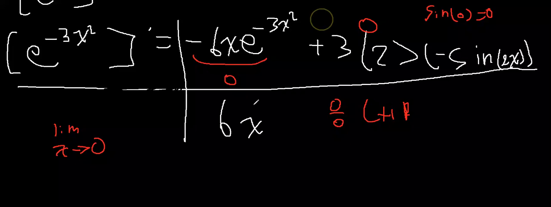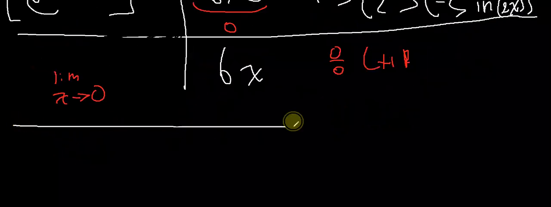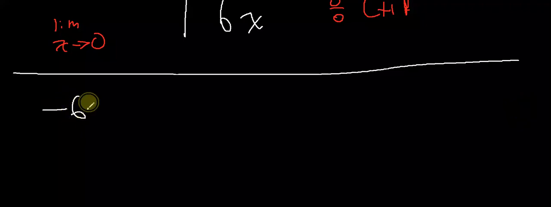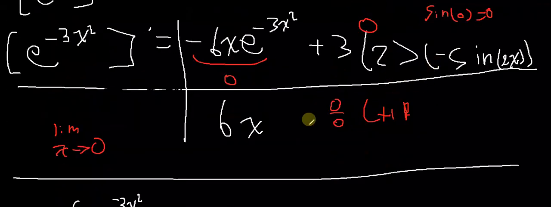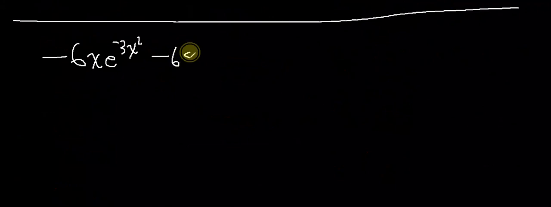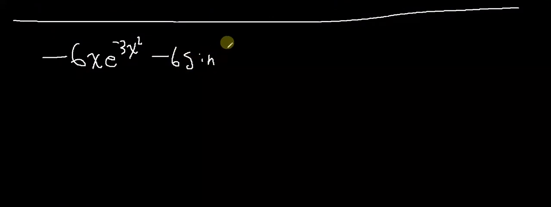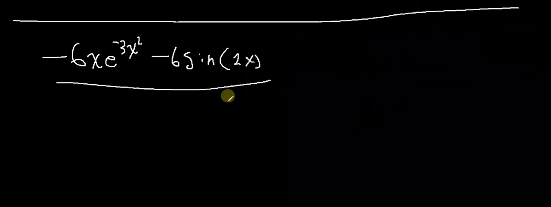So let's do that. Now we have to use the product rule, so let's quickly rewrite this: minus 6x e to the minus 3x squared, minus 6 sine of 2x, over 6x.